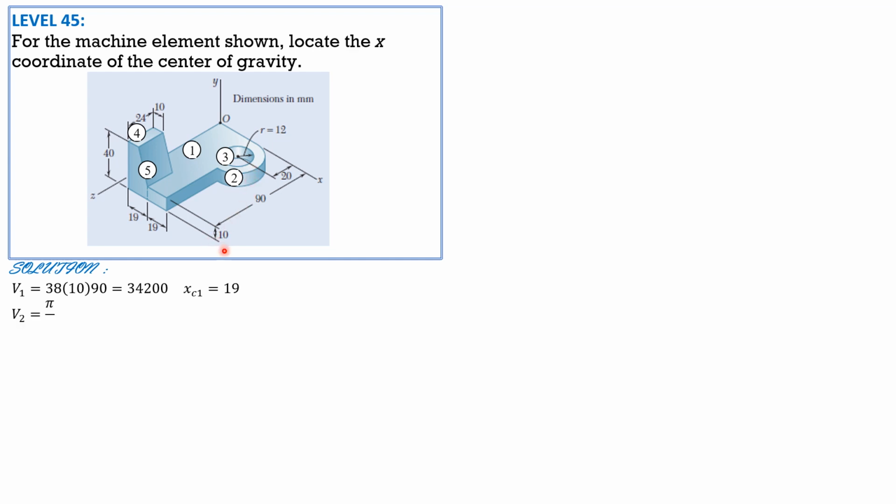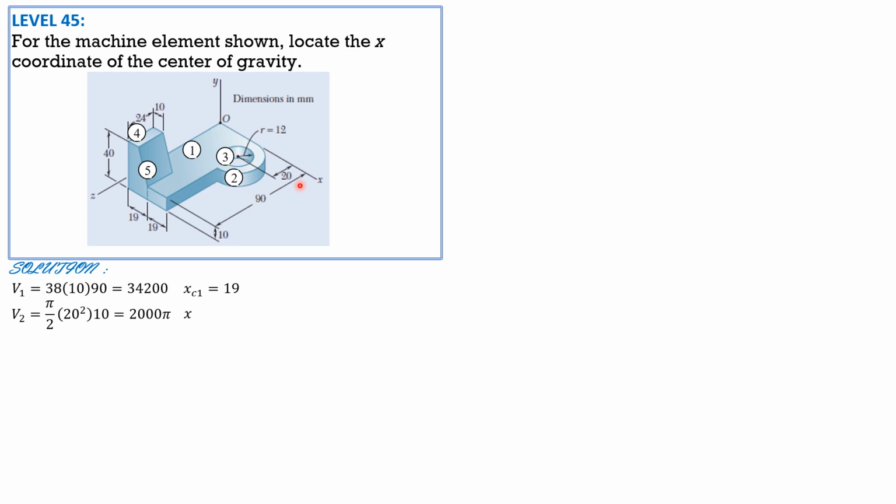Volume 2 is the area of the semicircle, π times 20² over 2, times the thickness, which is 10. So that is 2000π mm³. Then the X coordinate of the element starts at 38, and the distance from the diameter to the centroid of the semicircle is 4r over 3π, where the radius is 20.